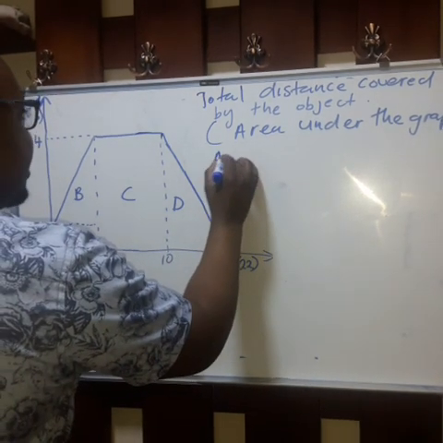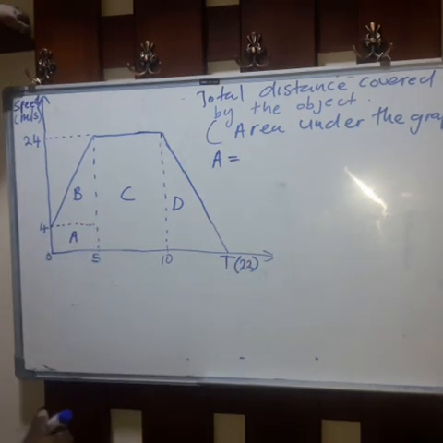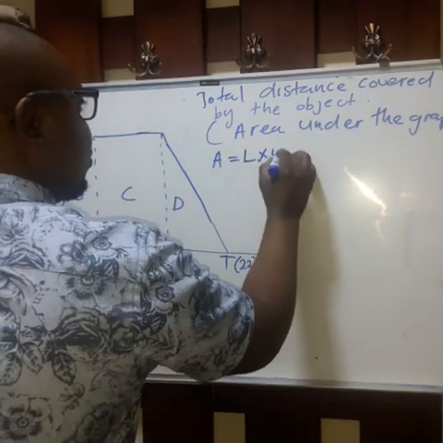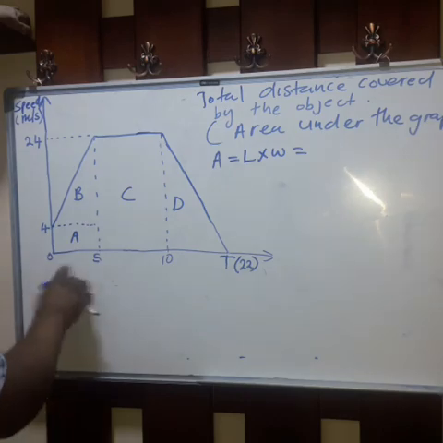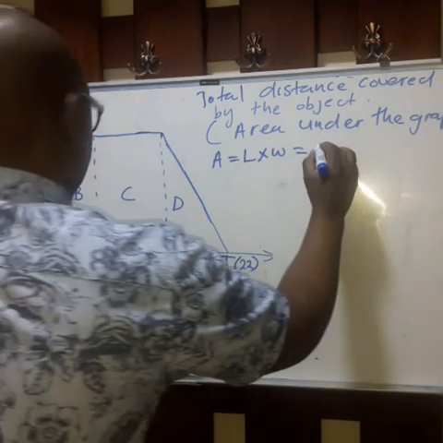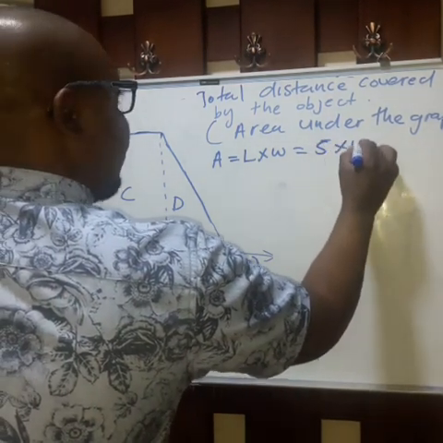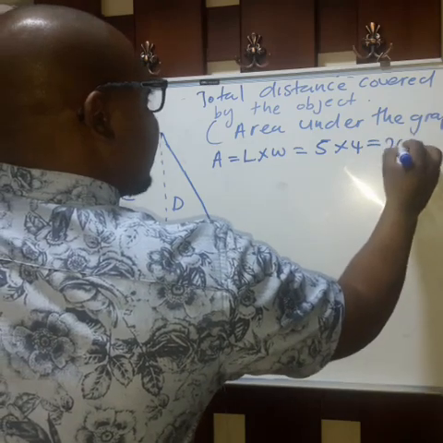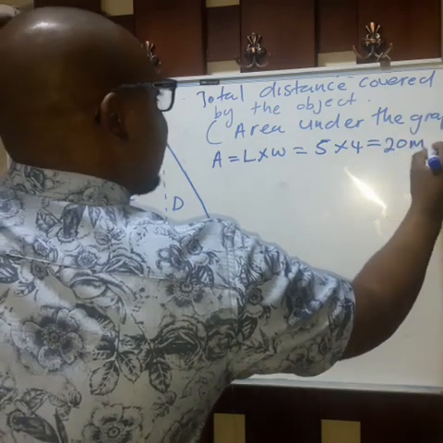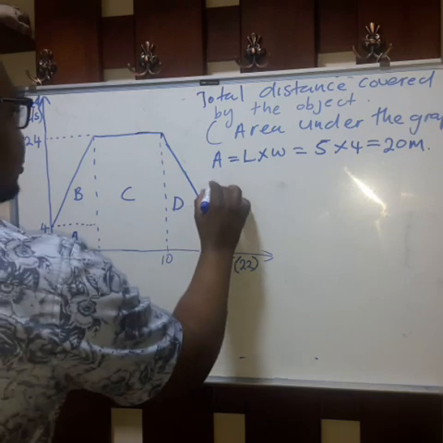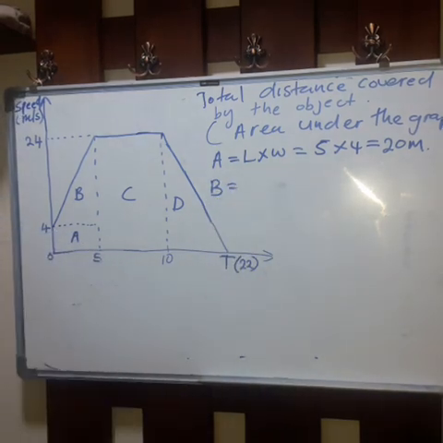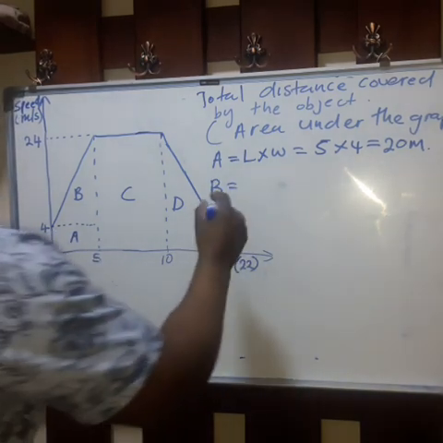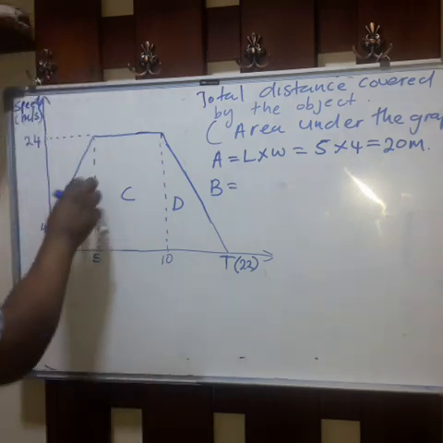The area for A is length times width. My length is 5 and my width is 4. So it's 5 times 4 is equal to 20, right? 20 meters, okay?